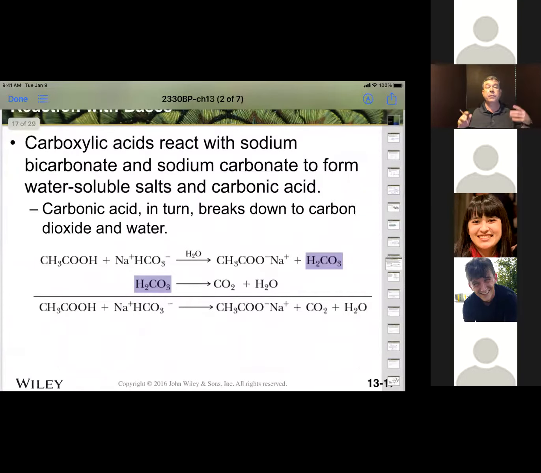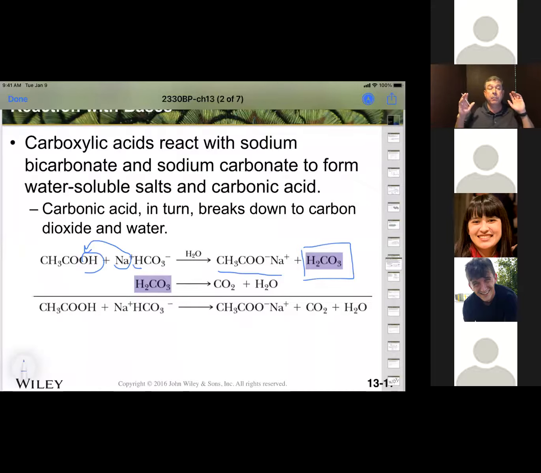In the case of carboxylic acid reacting with sodium bicarbonate or sodium carbonate, they do form water-soluble salts. Now, one of the things that drives this reaction to completion, even though it's a weaker base, is the fact that when we deprotonate the carboxylic acid right here and take the sodium and put it on here to make our carboxylic acid salt, we create this right here.